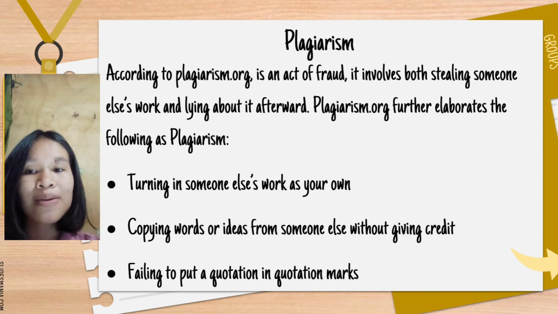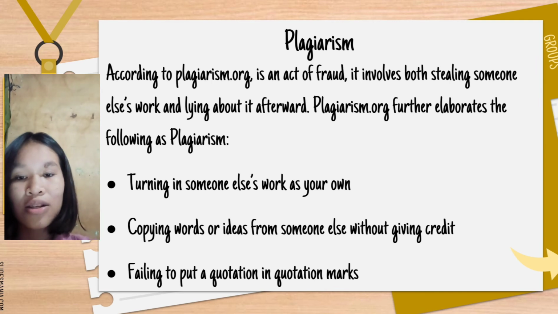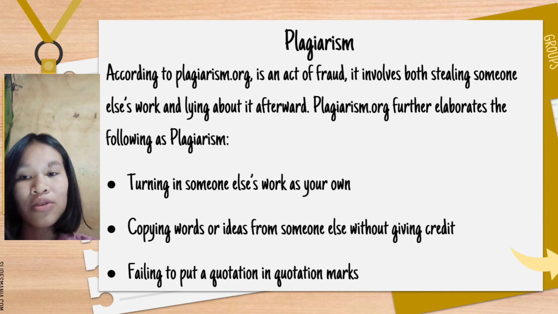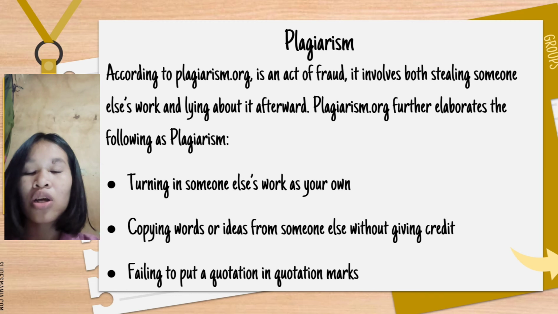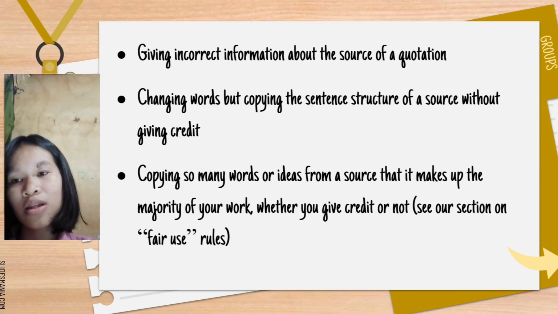First, turning in someone else's work as your own. Second, copying words or ideas from someone else without giving credit. Third, failing to put a quotation in quotation marks. Fourth, giving incorrect information about the source of a quotation.